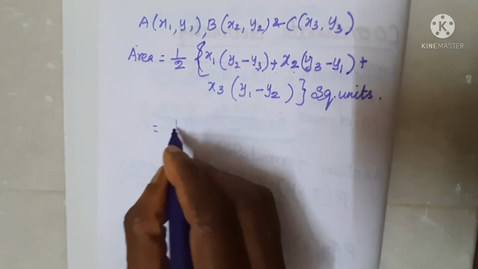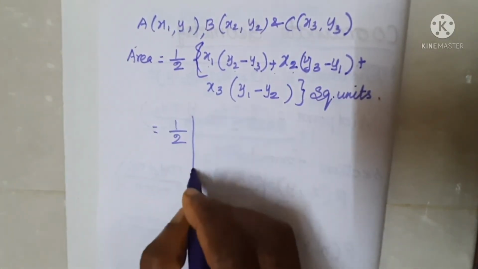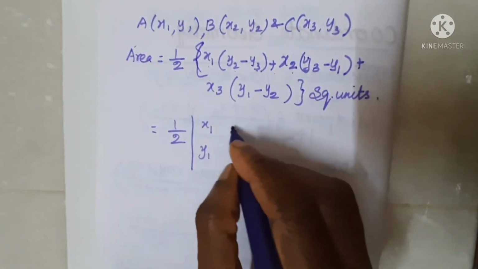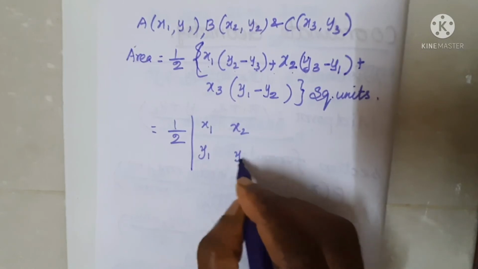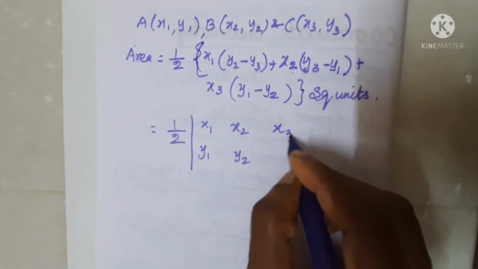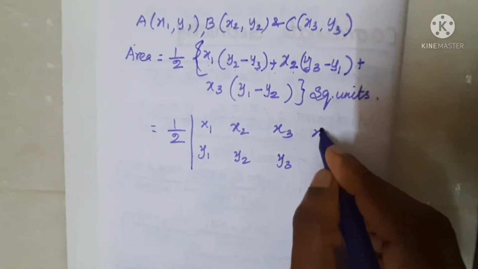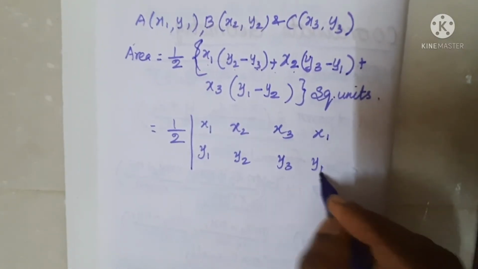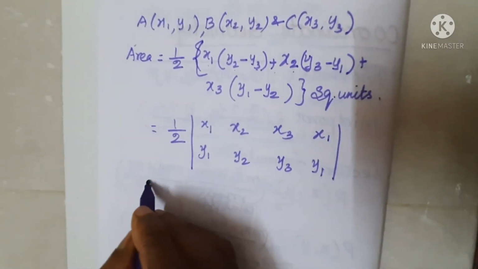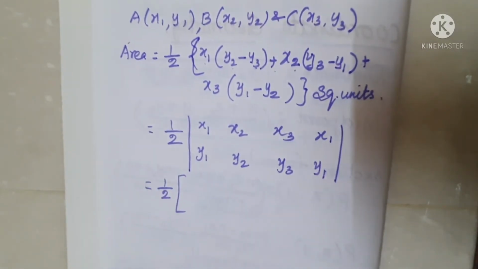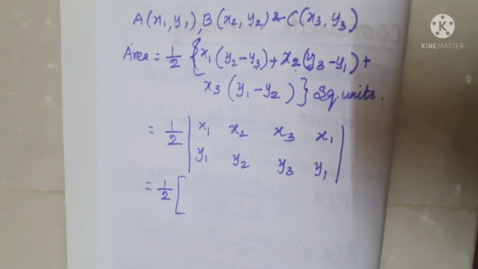You write half into the 3 vertices x1 y1, x2 y2, then x3 y3, and again at the last you write x1 y1. Now you cross multiply.